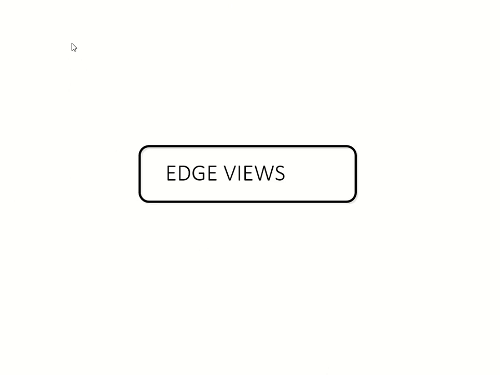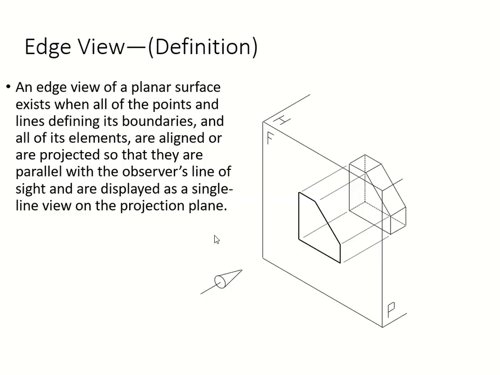And the second one is your edge view. Just like the normal view is perpendicular to your line of sight, let's take a look at what this edge view does. For edge view, we're looking at the points on lines. They are aligned parallel to the observer's line of sight.